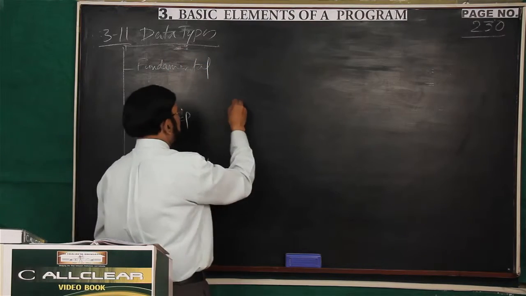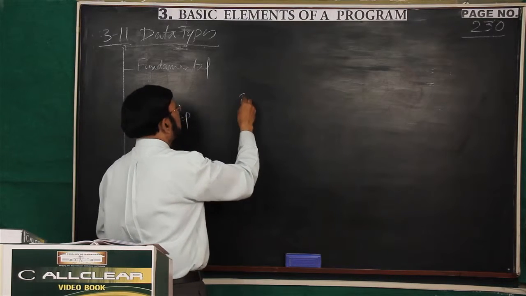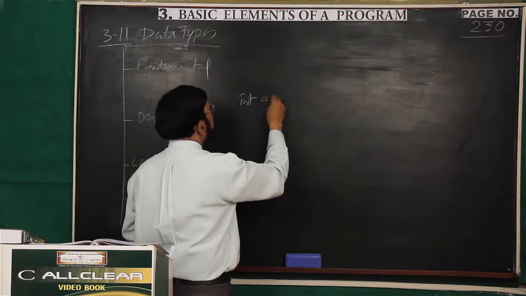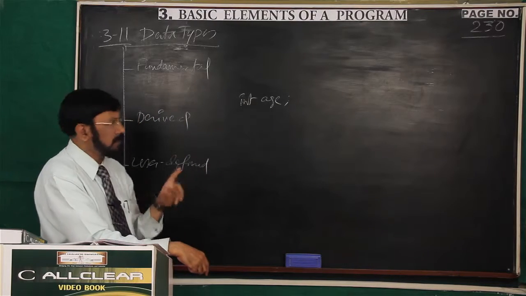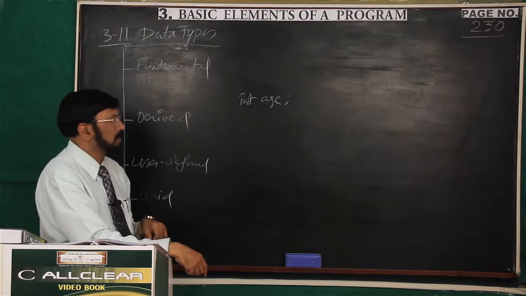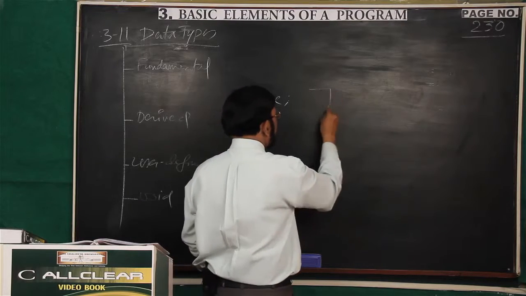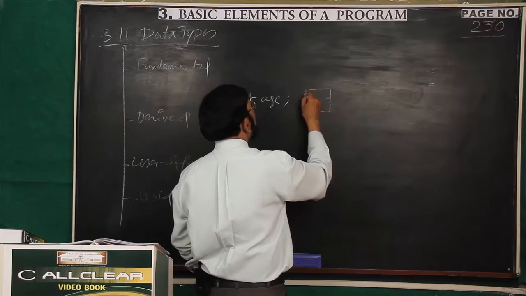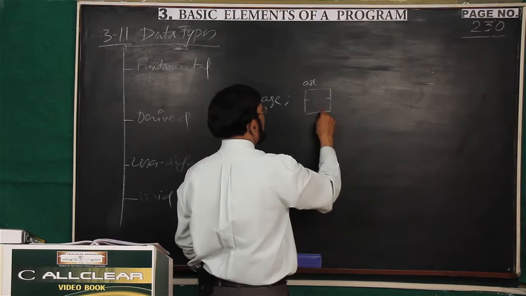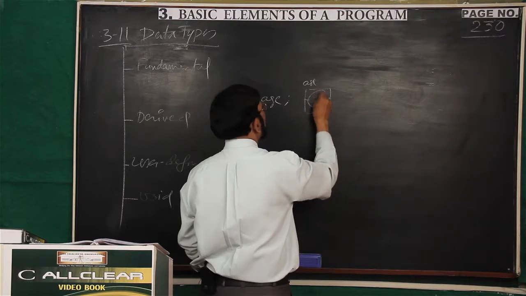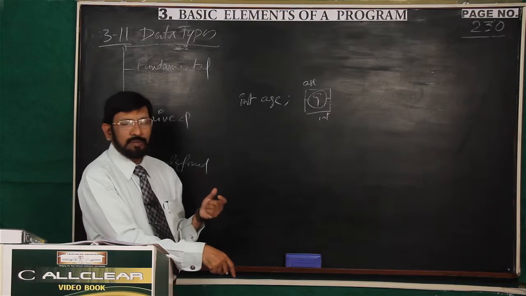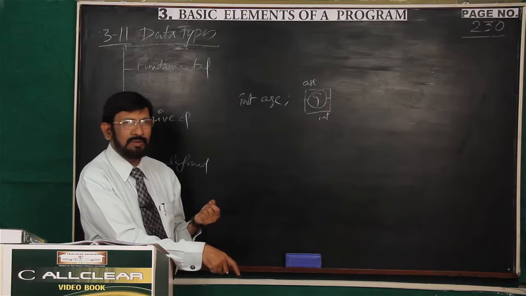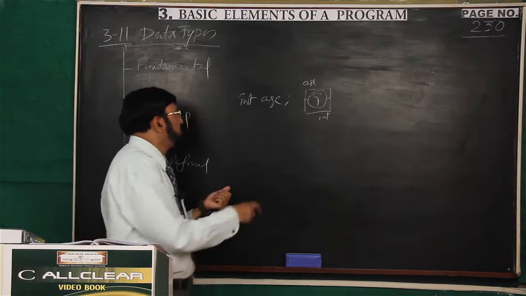So here you see, let us go to other categories. Int age you define. Then one value you can store. Always only one value you can store. One variable is created of 2 bytes. Its name is age, its type is int, and you can store one value. Suppose you have to store the ages of 5 students. Then what should you do?